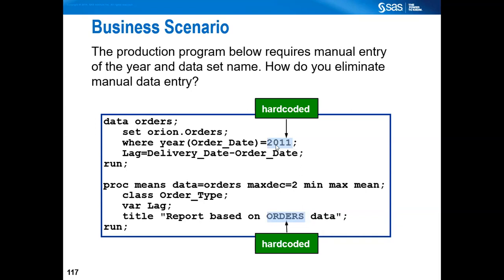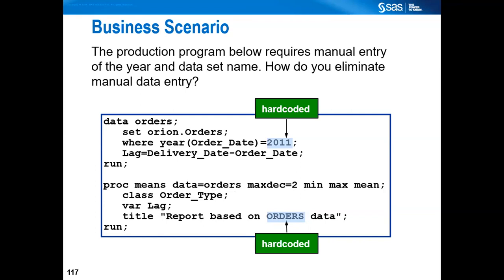This value you are hard coding, but it's the year which you are extracting from your date, which should be 2011. Correct? From this table, you are now using a proc means to generate a report. Again you are hard coding the value of your data set name in your title. So you need to overcome this manual entry in this program. How will you overcome this? That's what this topic is all about.